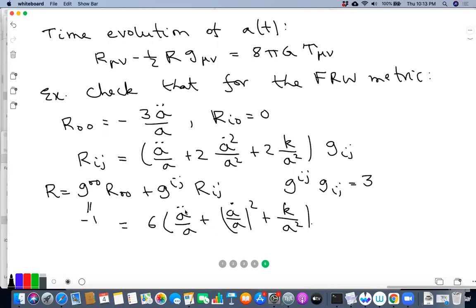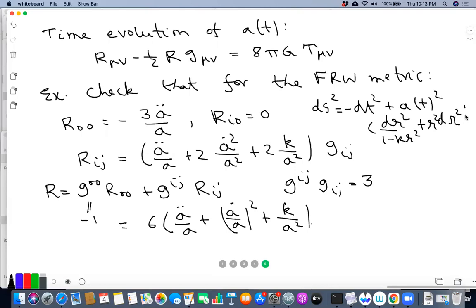Now from this we can immediately see that if we take the i0 component, then R_i0 of course is 0, and g_i0 is also 0. Let me write down the FRW metric here: ds² = −dt² + a(t)² times dr² over... So from this we can see that there is no g_i0 component.